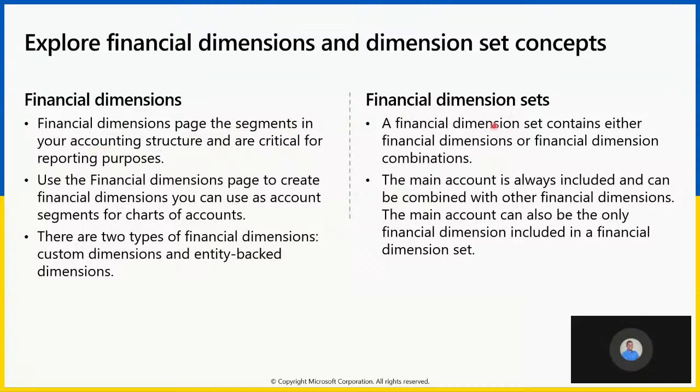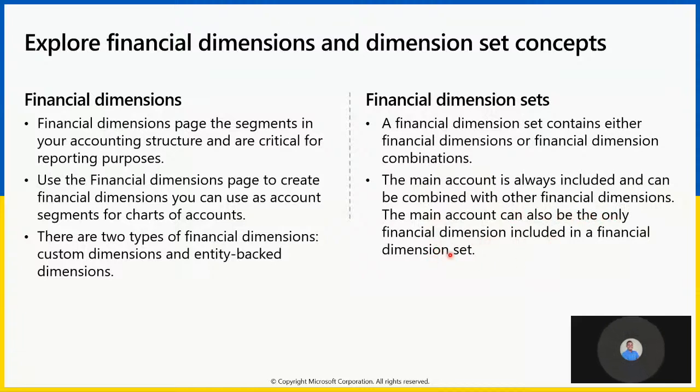Then we have financial dimension set. So we use this to combine our financial dimensions when we are pulling our reports. So the main account is always included and can be combined with other financial dimensions. The main account can also be the only financial dimension included in the financial dimension set.